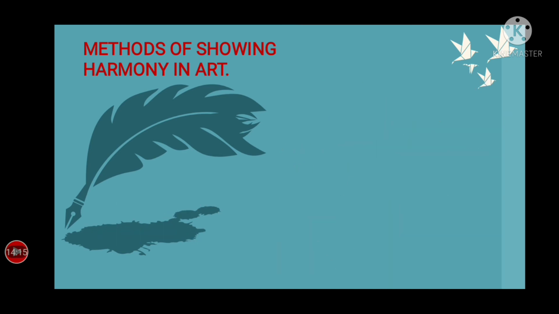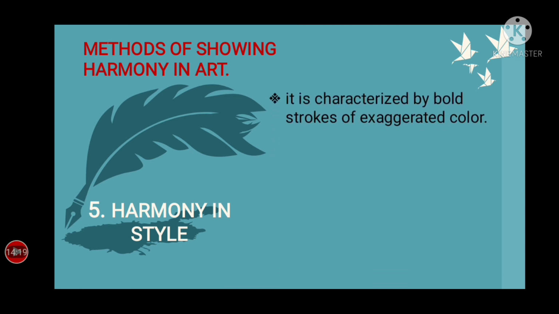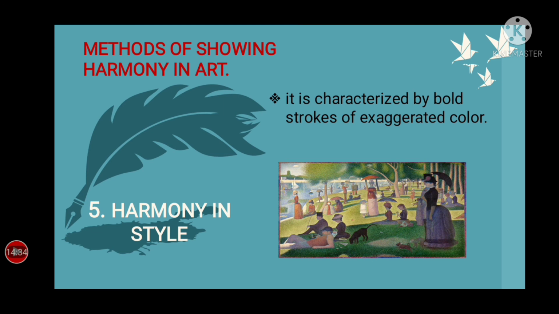Another method is harmony in style. When we say harmony in style, it is characterized by bold strokes of exaggerated color. So his strokes are bold, and his color is still exaggerated. An example of this is George Seurat's Sunday Afternoon on the Island of La Grande Jatte.